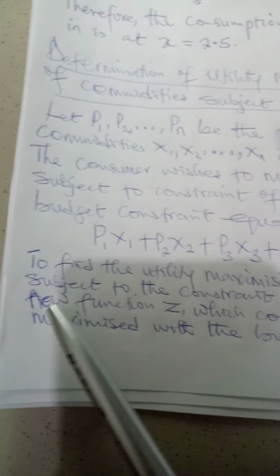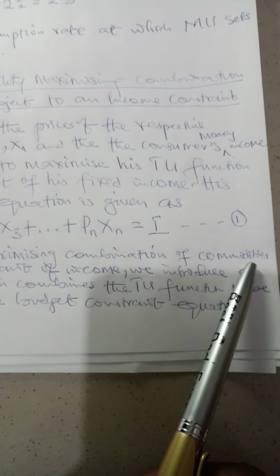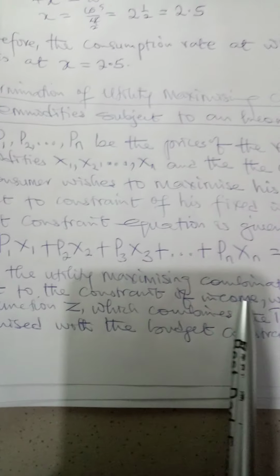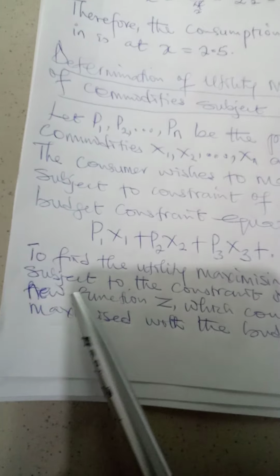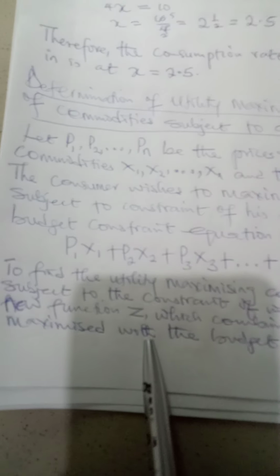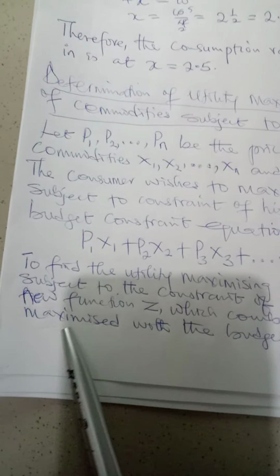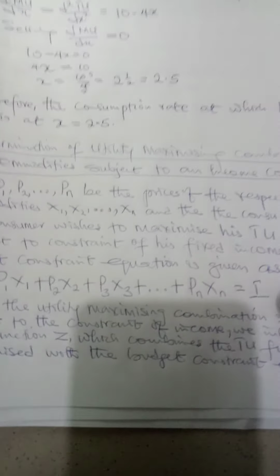Now, to find the utility maximizing combination of commodities, subject to the constraint of income, we introduce a new function Z, which combines the total utility function to be maximized with the budget constraint equation.